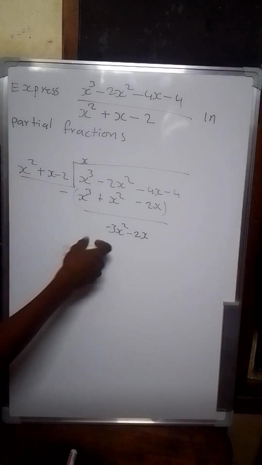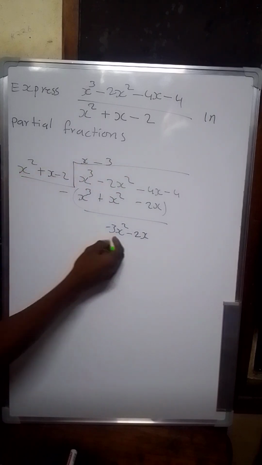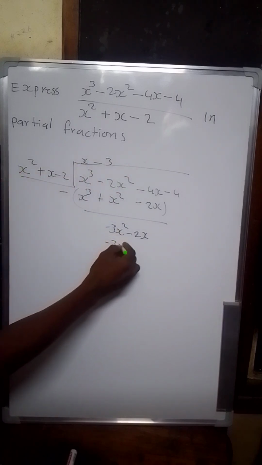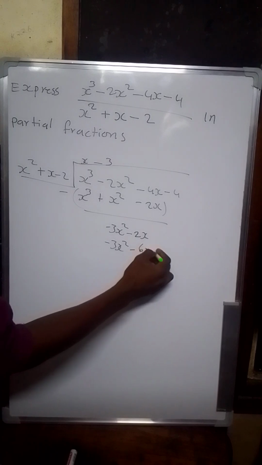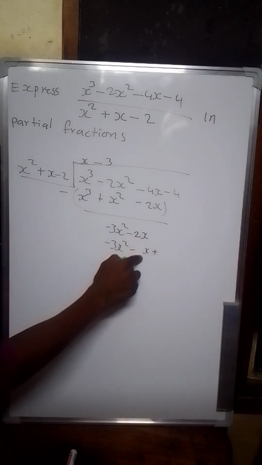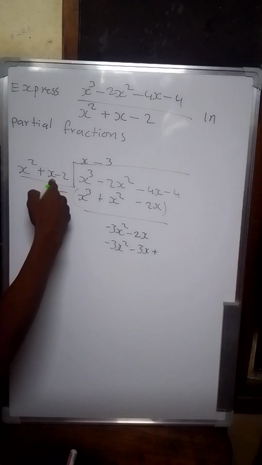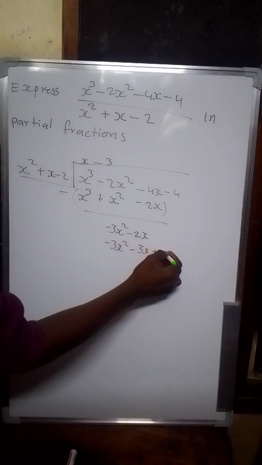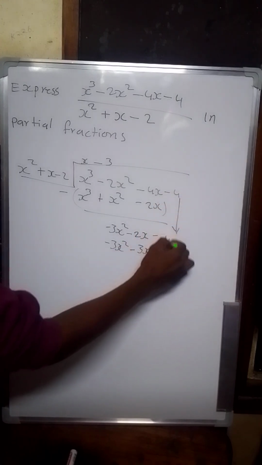This into that, we're going to have negative 3, and then negative 3 multiplied by this is negative 3x squared, negative 3x, and this is positive 6, and then we bring down our negative 4, minus 4 this side.